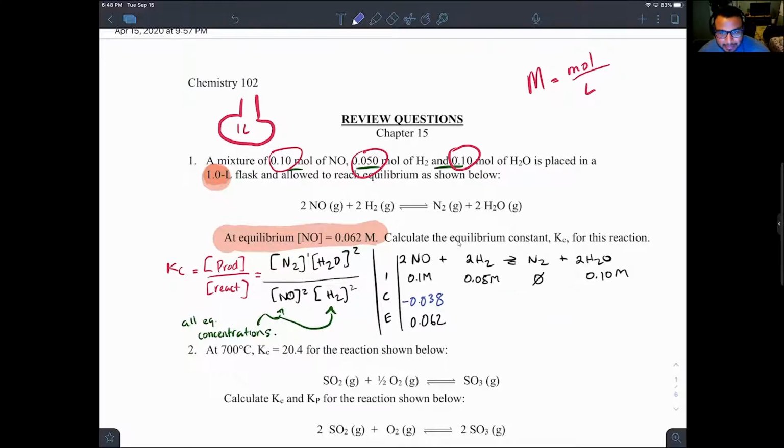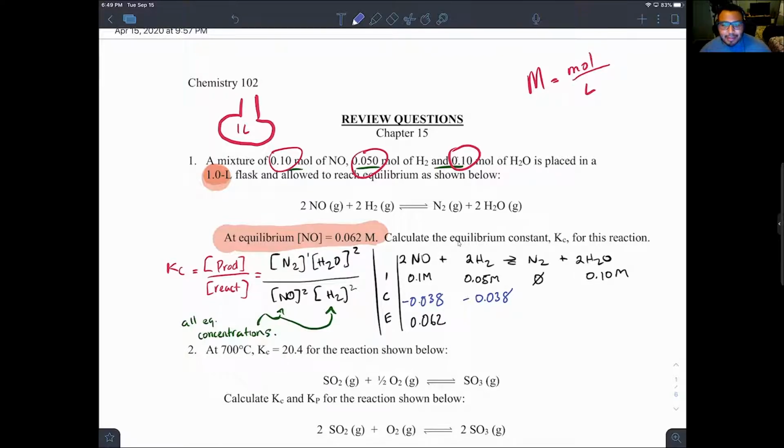Because NO changed by 0.038, and I know that H2 and NO both have the same coefficients, then through kinetics their rate of loss will be the same. So therefore, this will also lose 0.038.